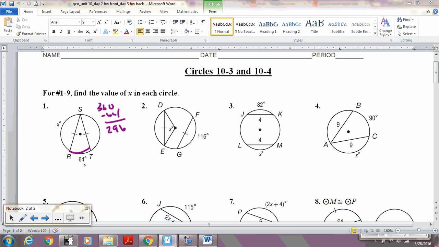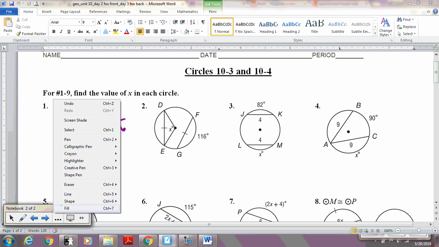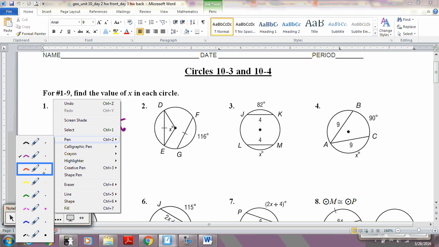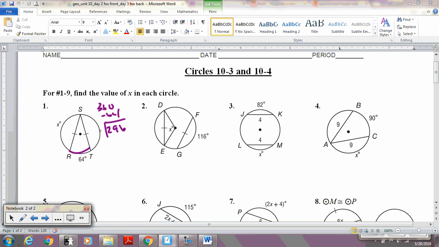And if I take that 296 and divide it by 2, that will tell us what each part is left over. And that would give us 148. So x is equal to 148.